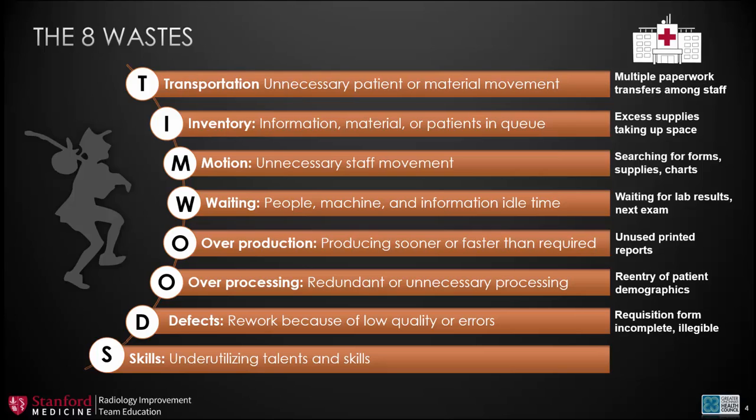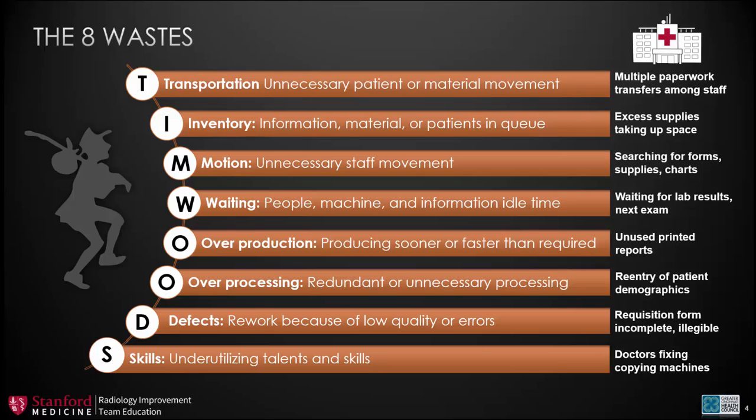An example of defects could be a requisition form that's incomplete or illegible. This requires rework, and therefore it is wasteful activity. And the last one, skills. An example of this is a doctor fixing a copying machine. All of us have skills in different areas. We should be using those skills to do the task that best fits our skills. We don't want to underutilize talents and skills.